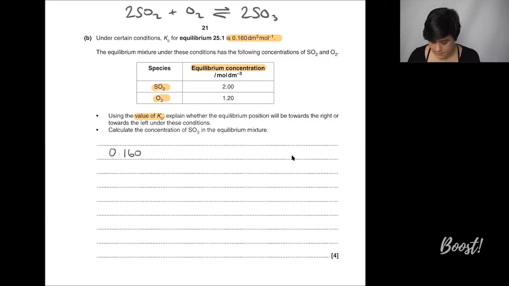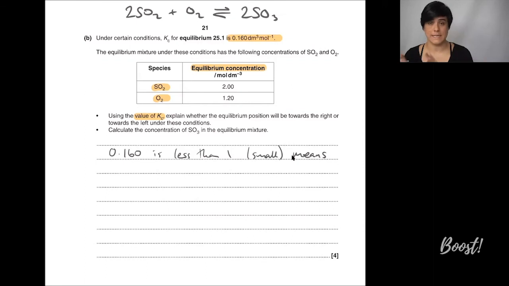So 0.16 is small, or is less than 1, which means, as we said, if it's less than 1, that means that the products on top must have been less than the reactants on top. And that means that if the products are less than the reactants, then we've got the equilibrium shifted towards the left.